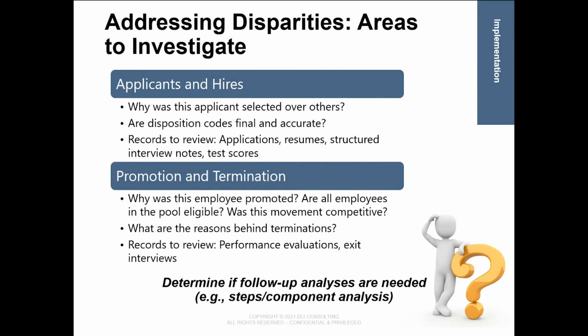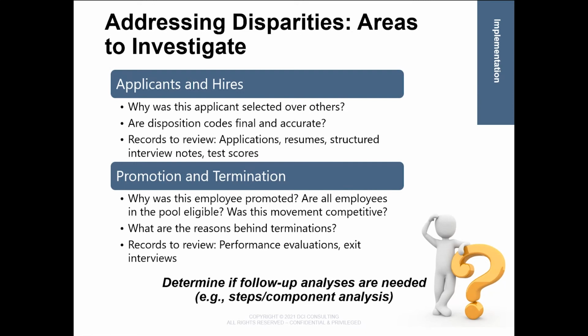Here are a few targeted ways to investigate areas specific to the type of flag. For applicants and hires, start by determining why certain applicants were selected over others. Consider reviewing records such as applications, resumes, structured interview notes, and test scores.